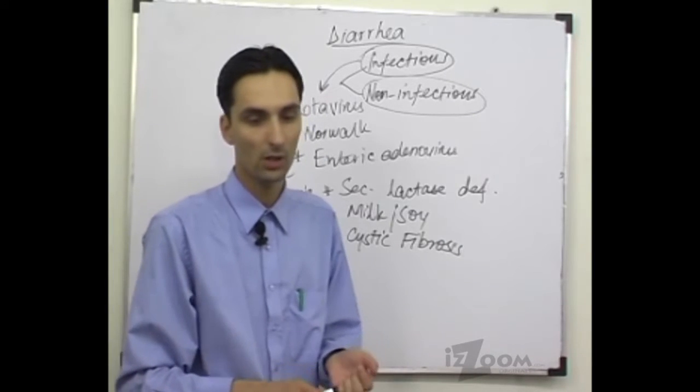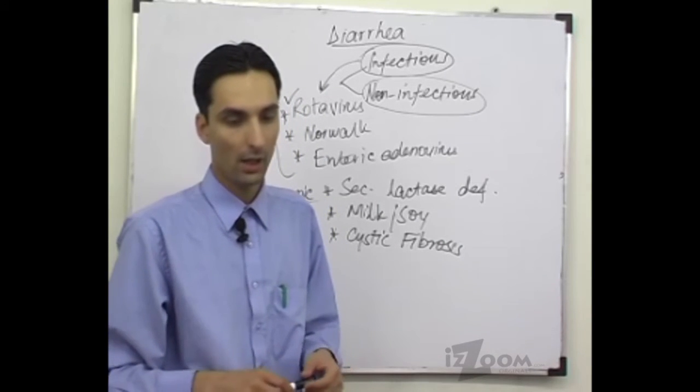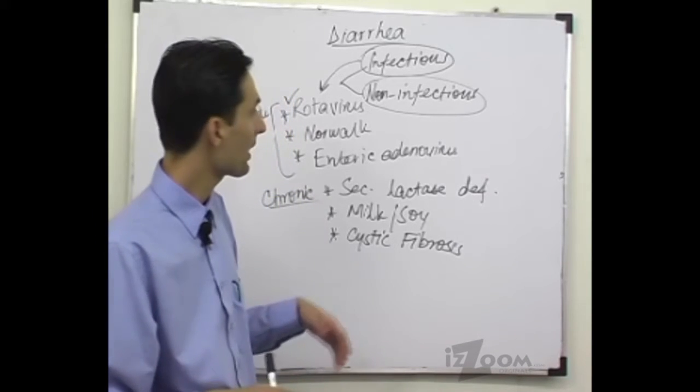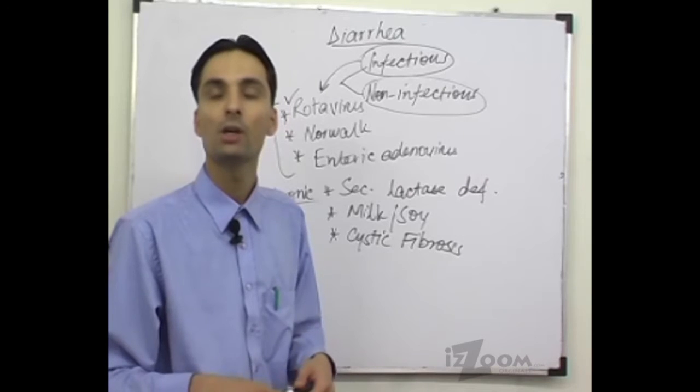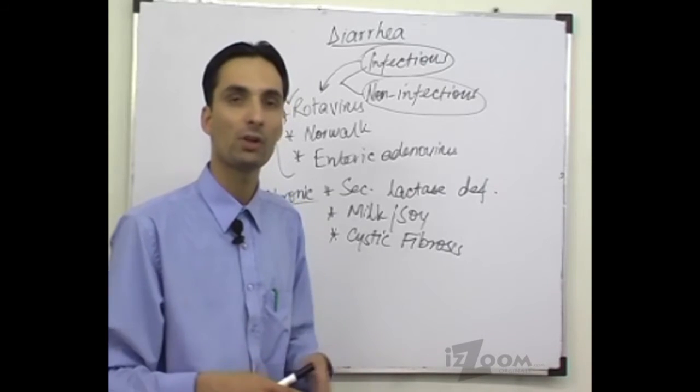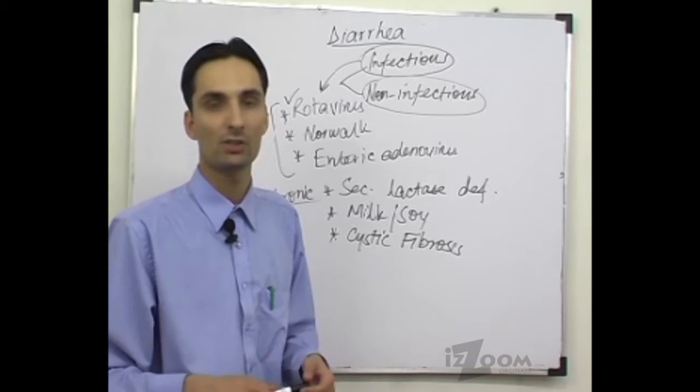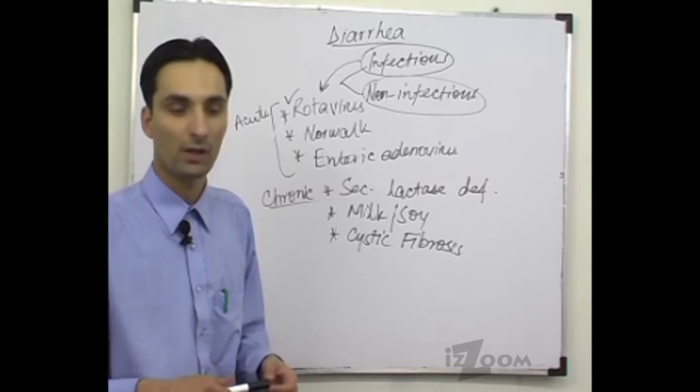These are a few causes of chronic and non-infectious diarrhea, and the other causes in older children and adolescents are similar to those I have already discussed in the internal medicine section of infectious diseases.